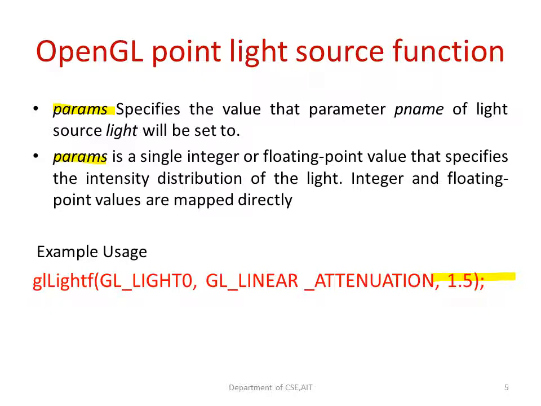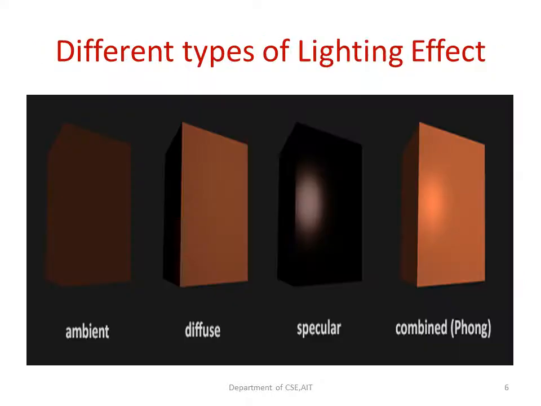Then I want some linear attenuation value. Linear attenuation means, as we learned in the previous theory, how we can go for attenuating, that means reducing or compressing the light value. I want it to be 1.5. You can do that by making use of this API.